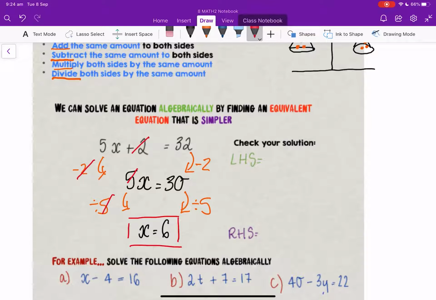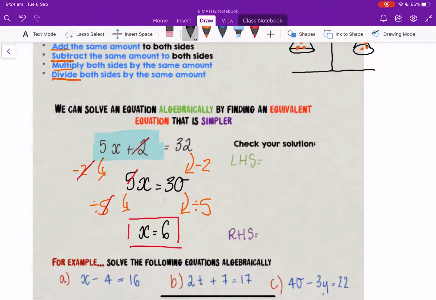Now we can check our solution, and I'll show you how to check the solution. So we'll check our left-hand side of the equation, which is just this bit here. 5x plus 2. And we found out that x was 6. So that means whenever we see x, we're going to substitute in 6.